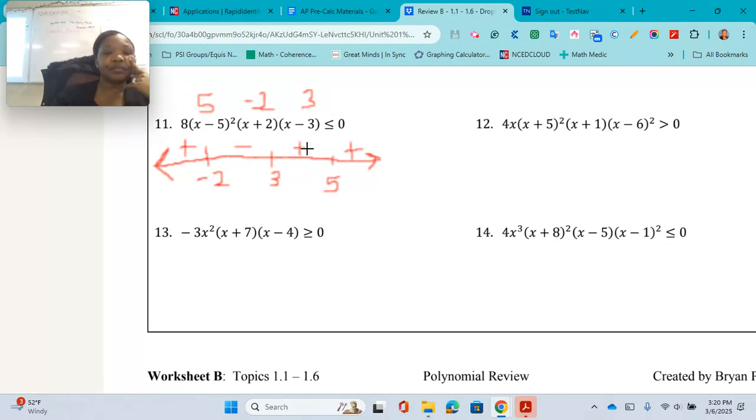Look at that. And then we go to positive 5, where the multiplicity is 2, so it ended up bouncing. You see? Yeah, plus plus. So now let's look at the inequality.